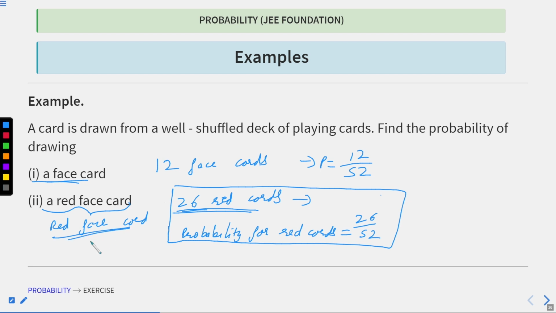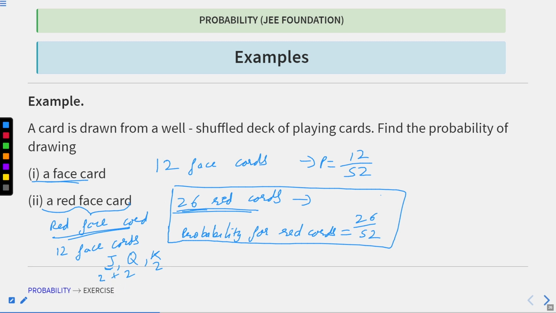But in this question it is asking for a red face card. We know we have 12 face cards: 4 of J, 4 of Queen and 4 of K. From each of these only two are of red color, which are the diamond and the heart.